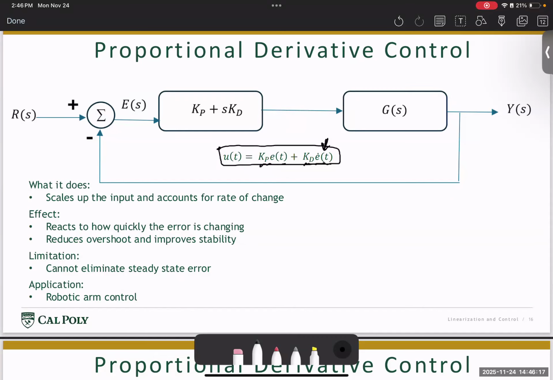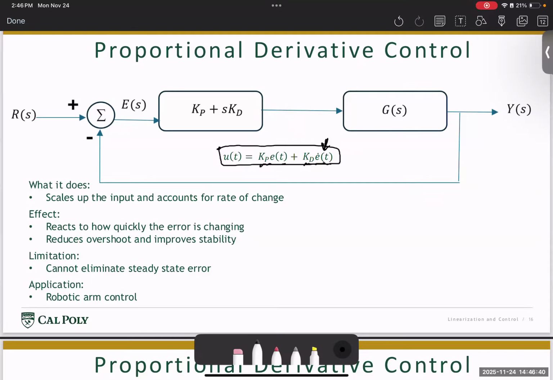One advantage of this method is that, compared to the proportional control, it reduces the amount of overshoot, because overshoot is basically caused by a swift change in the error signal. As the error signal changes rapidly, a control input Kd scales it accordingly, which gives the system improved stability.